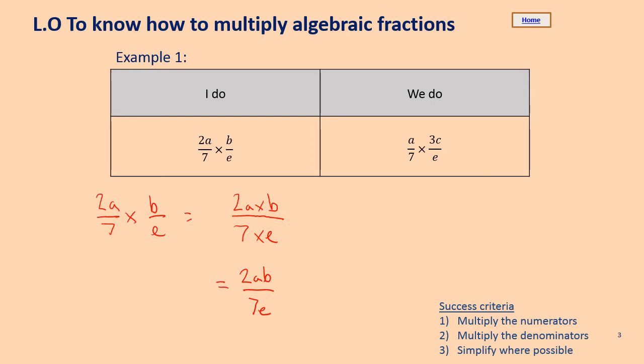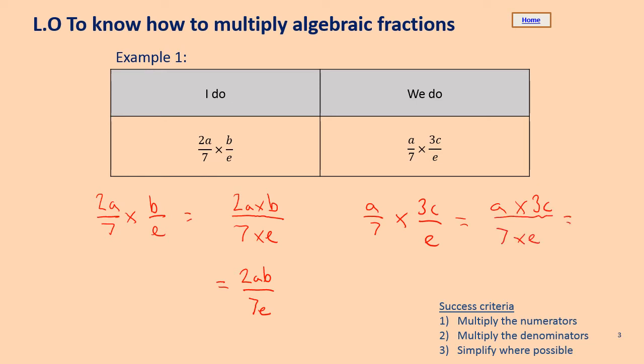Okay, so we'll go through that we do now. Hopefully you paused the video previously, copied down the I do, and had a go at the we do. So again, a over 7 times 3c over e. Multiply the numerators, multiply the denominators, and then simplify. So we've got a times 3c on the top, and on the bottom we've got 7 times e.